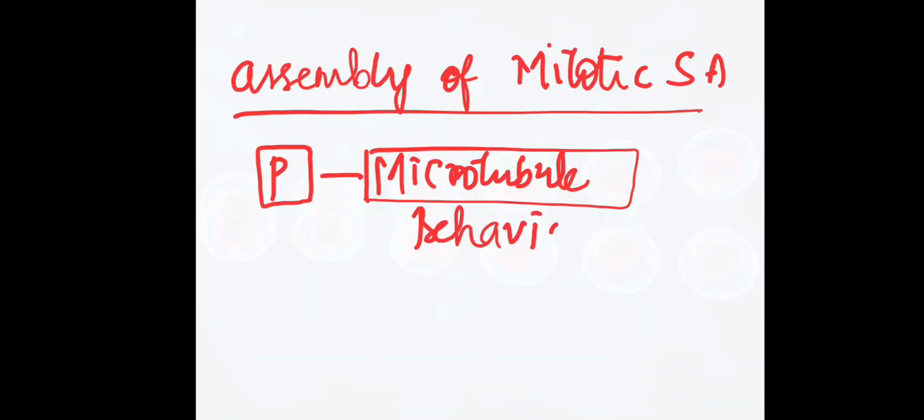So M-CDKs phosphorylate the proteins which regulate microtubule behavior. The net effect of this coordinated phosphorylation, by several other kinase families, is that accurate separation of chromosomes during mitosis happens.